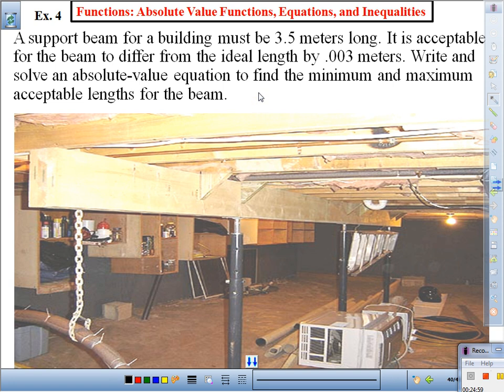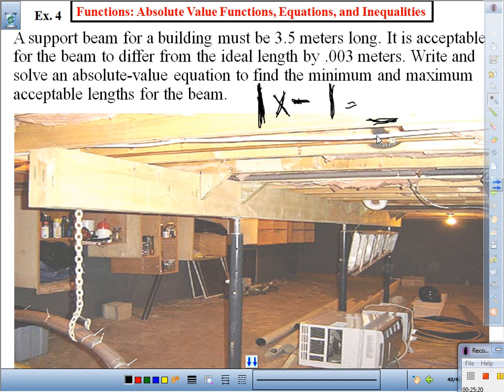So check this out. Don't write this down. This is just to remind you. Remember that I said write the absolute value of x, then minus, and then the other number goes out here. You guys remember that? So which number should go here?